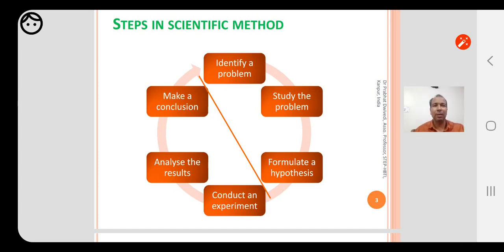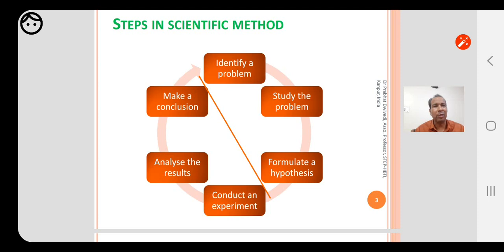So the upper 3 steps show formulation of hypothesis, whereas the lower 3 steps show testing hypothesis. So in fact, this scientific method which is presented over here is formulation and testing of hypothesis.